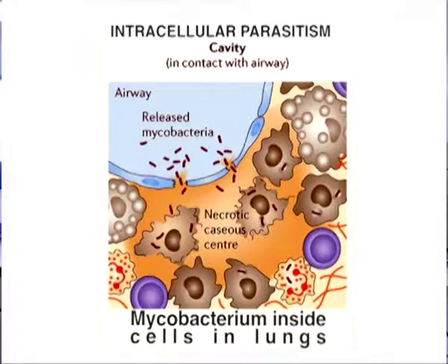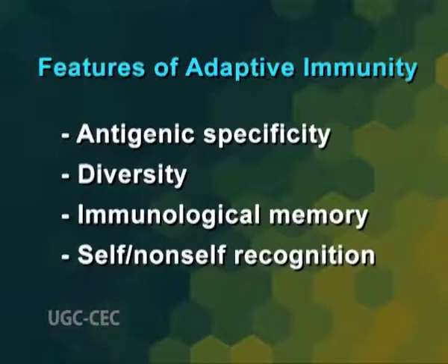Cell mediated immunity works against intracellular parasitism, where the infectious agent resides inside the cells. The important features of adaptive immunity are antigenic specificity, diversity, immunological memory and self and non-self recognition.